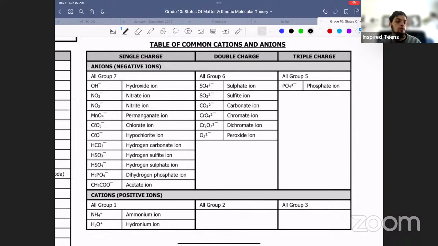You will be able to know in your test, in your questions, which compound they are referring to when they say hydrogen nitrate, when they say sodium hydroxide, when they say hydrogen chlorate, or whichever one. And like I said, the quicker you learn it, the better. And trust me, most of these are really important and you will need to know them.